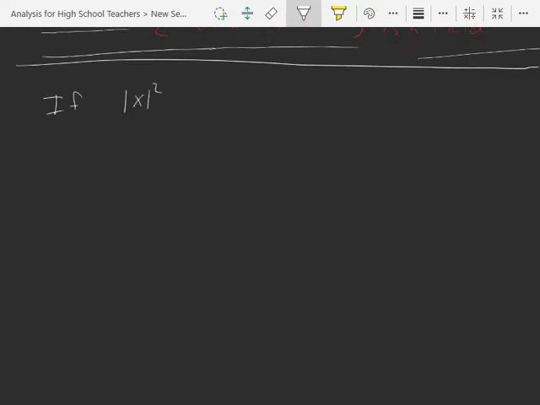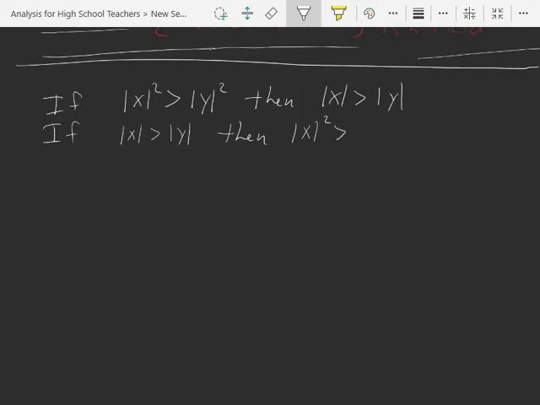So the first thing I want to start with is the inequality that if the absolute value of x squared is bigger than the absolute value of y squared, then the absolute value of x is bigger than the absolute value of y. Okay. And the converse of that, if the absolute value of x is bigger than the absolute value of y, then the absolute value of x squared is bigger than the absolute value of y squared.